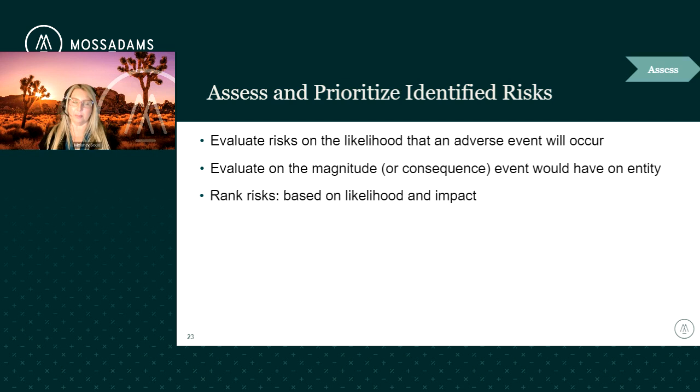And when we think about this, the culmination of the identify step, which includes the environmental scanning, is really we have a universe of risks. And there's no magic number as far as the number of risks in your risk universe.